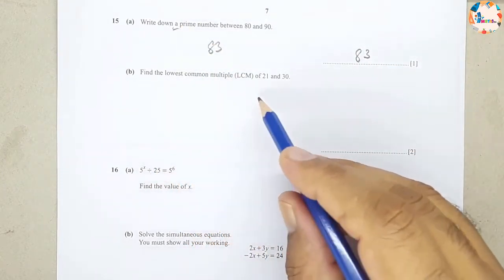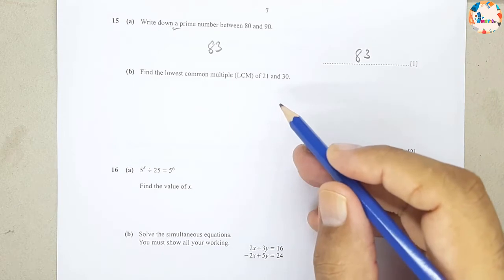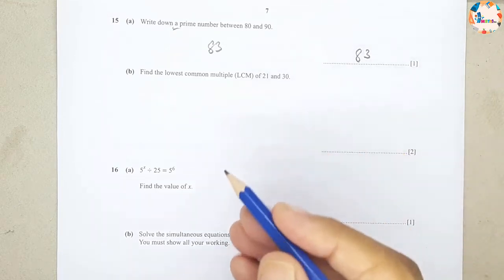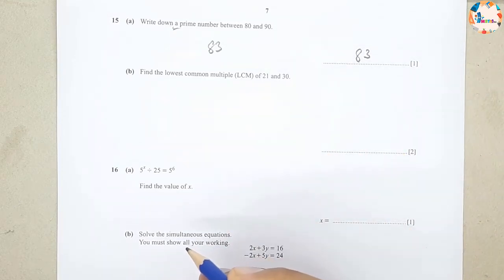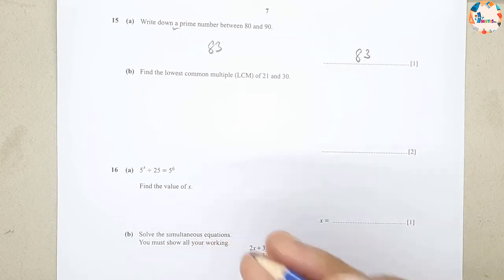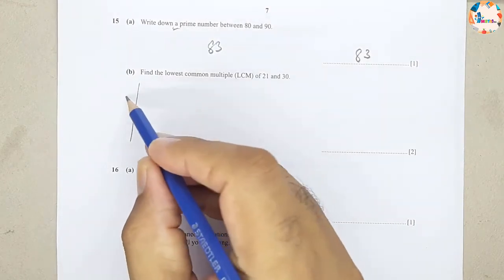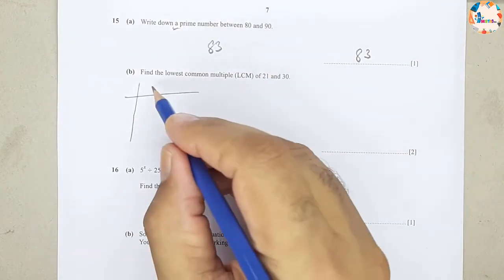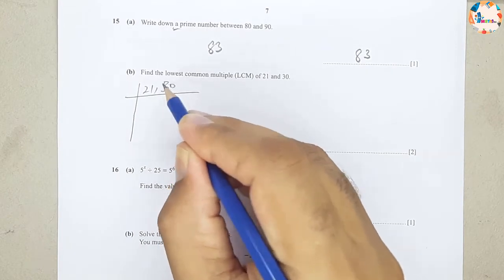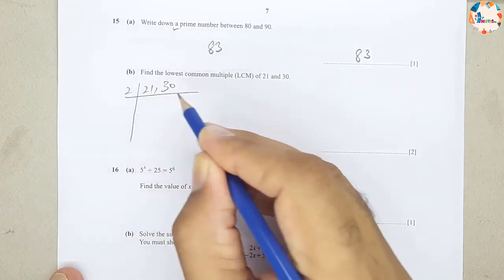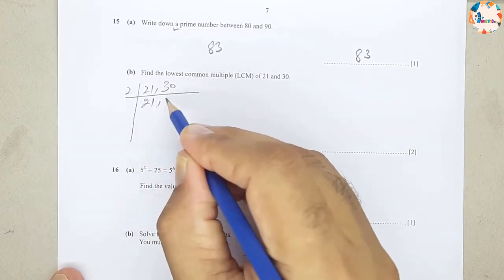Find the lowest common multiple, LCM, of 21 and 30. So for 21 and 30 we have to find the LCM. I'll use the division method. We can use 2, so 21 as it is, and 15.